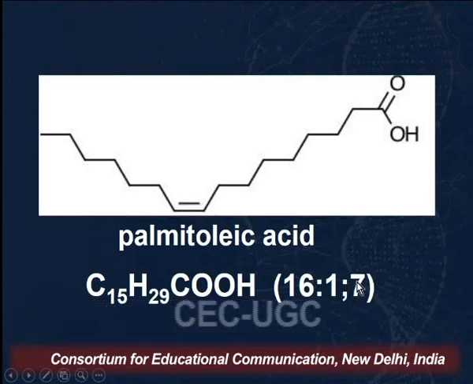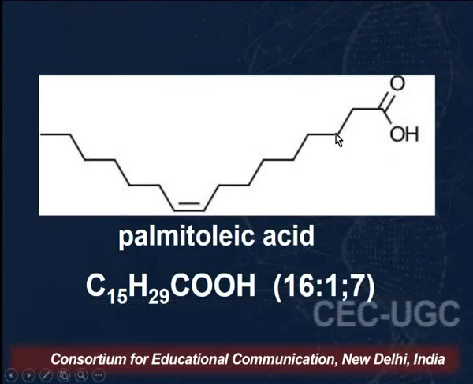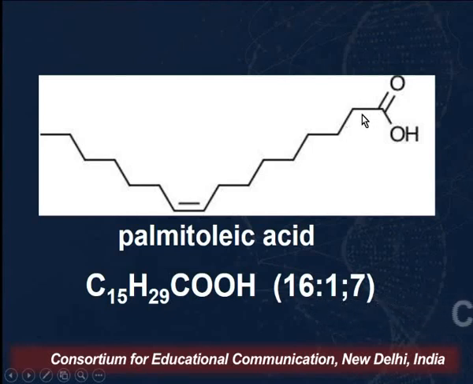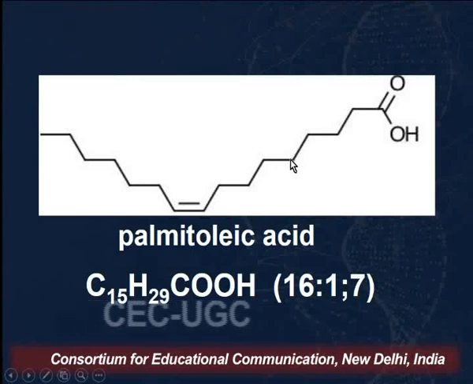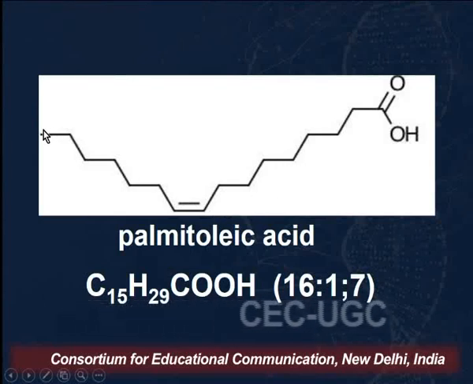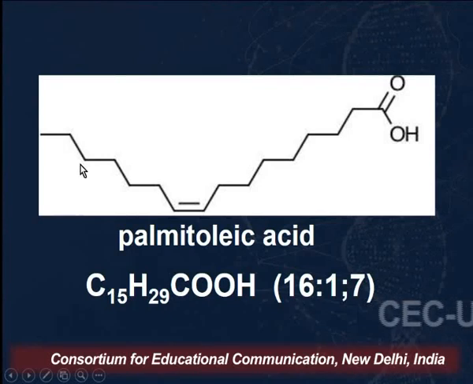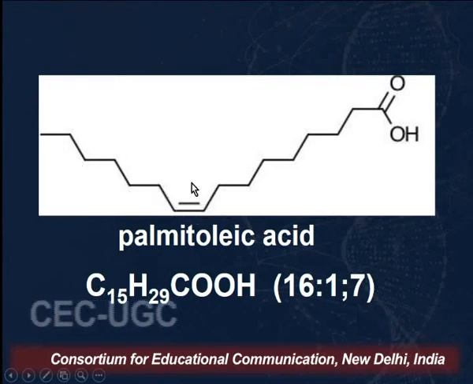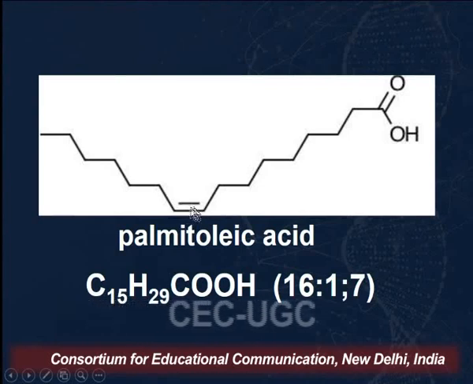And 7 indicates that when we start numbering from this side, 1, 2, 3, 4, 5, 6, 7, we have a double bond at the 7th position.